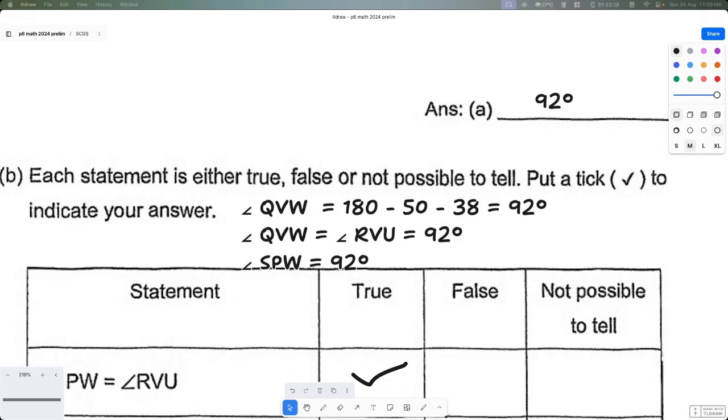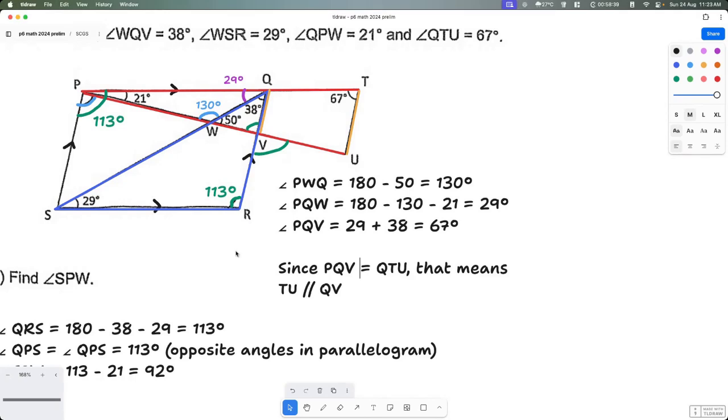All right, let's move on to the next part. The next question asks whether TU is parallel to QV. To know whether TU is parallel to QV, we see whether this angle is equal to this angle.